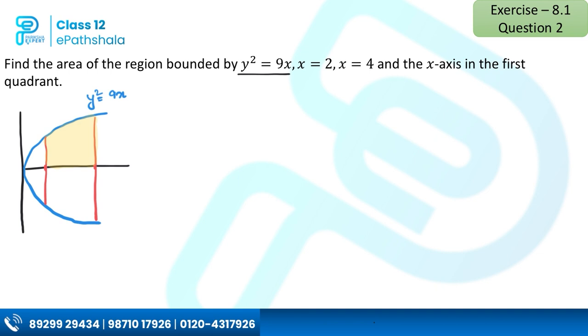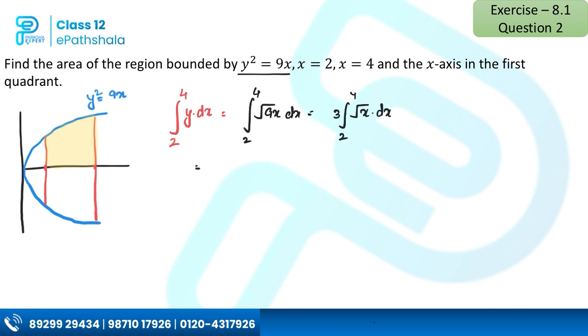So the integration will be of y dx, and the limits will range from 2 to 4. Hence, this is square root of 9x, integration 2 to 4 dx, or we can also say that this is 2 to 4 integration of root x dx, with 3 as a constant outside.